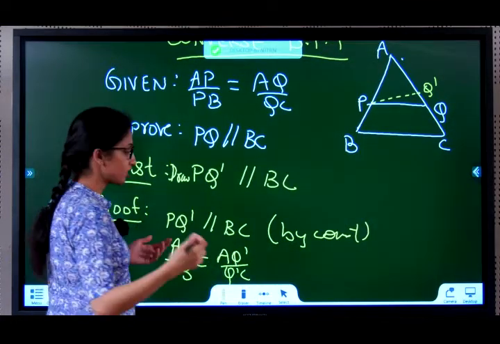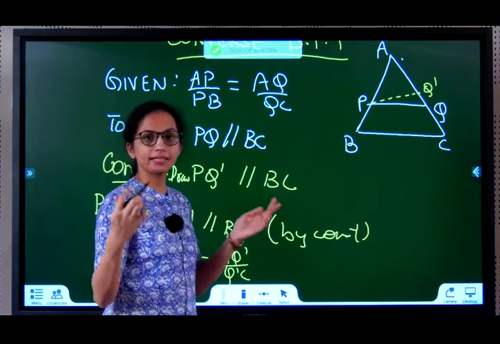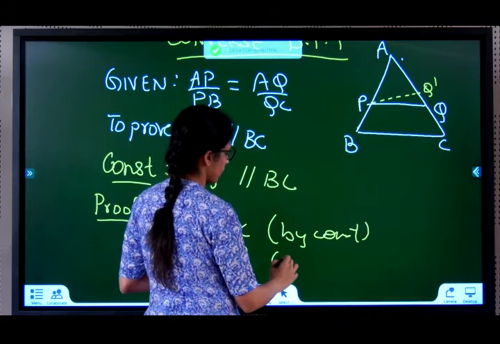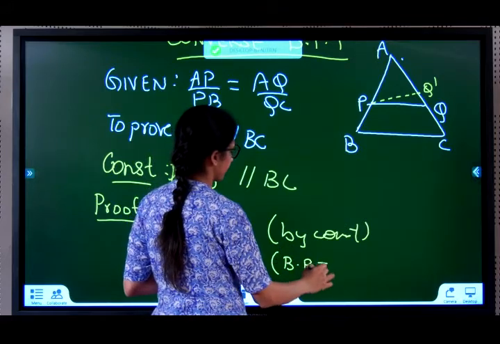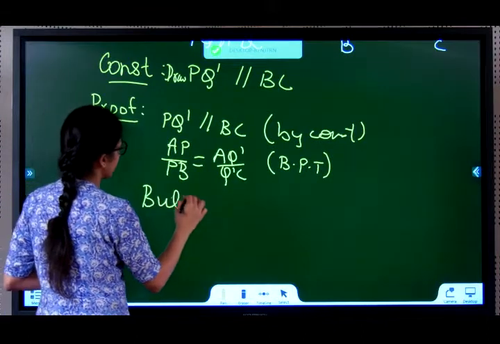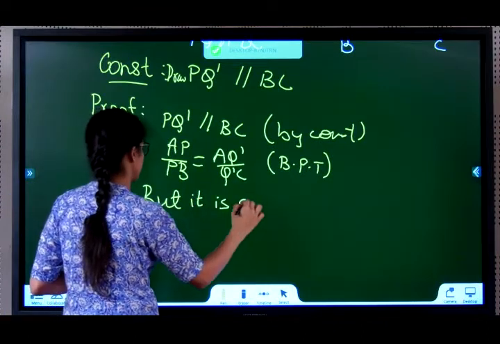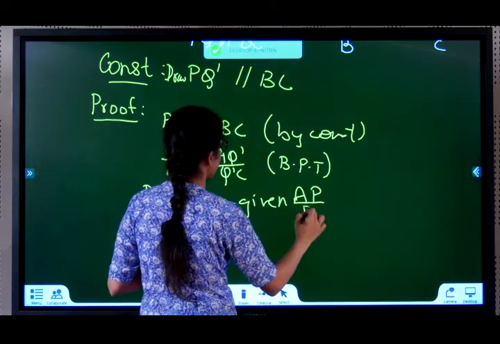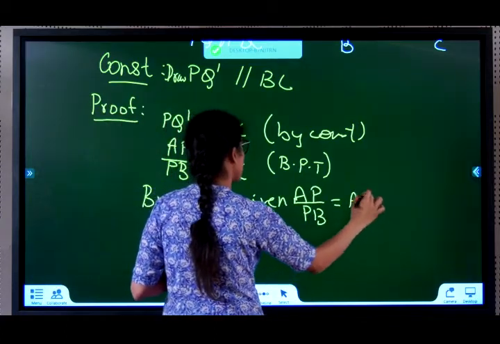Why? We just learnt if something is parallel, the sides get divided in the same proportion or same ratio. So I can say using BPT. But it is given that AP by PB is equal to AQ by QC.